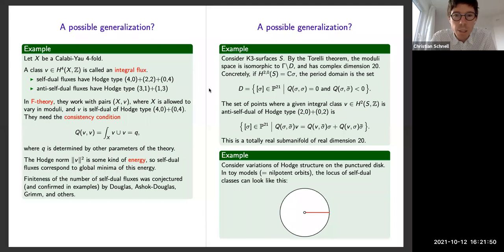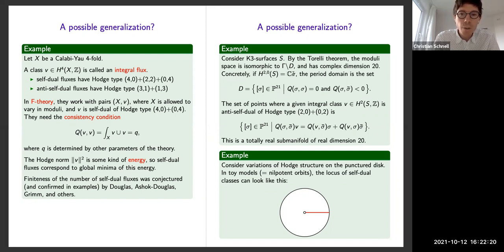So a typical example is you look at moduli of K3s. I'm doing unpolarized K3 surfaces, right? So the moduli space in that case is just a quotient of a period domain D by some group gamma, and it has complex dimension 20. This has a very simple concrete description because the 2,0 space in the Hodge structure is one-dimensional.